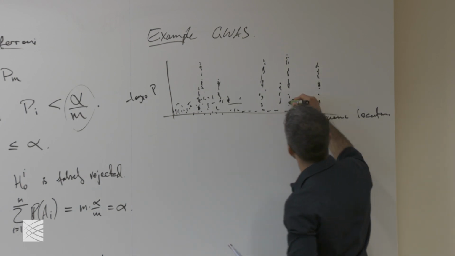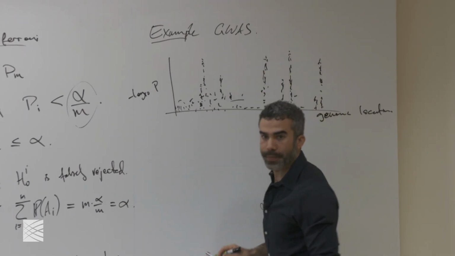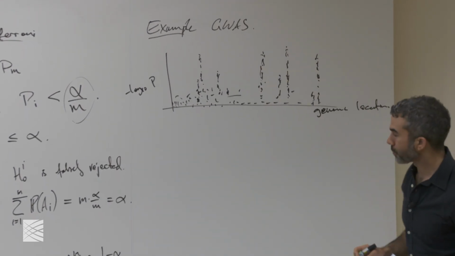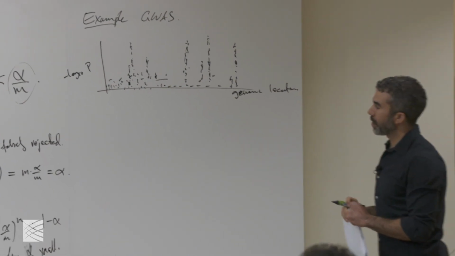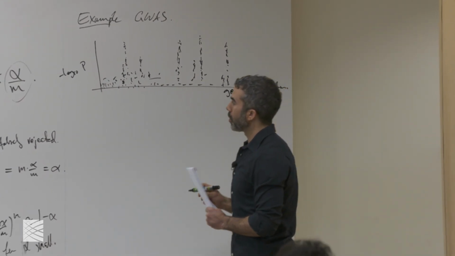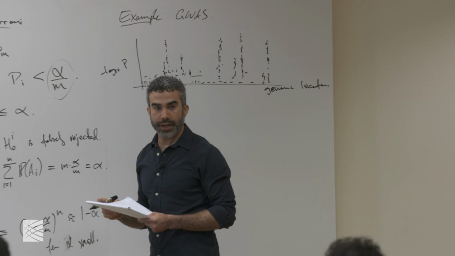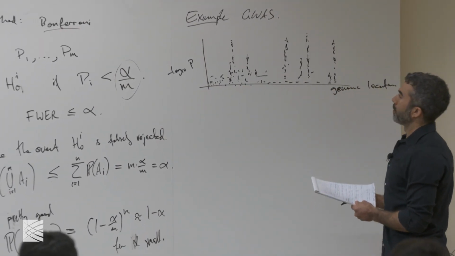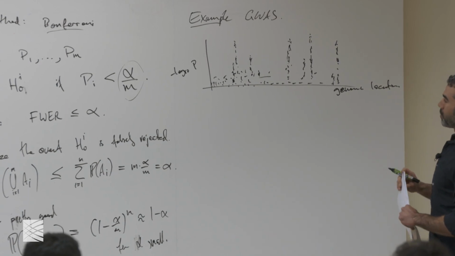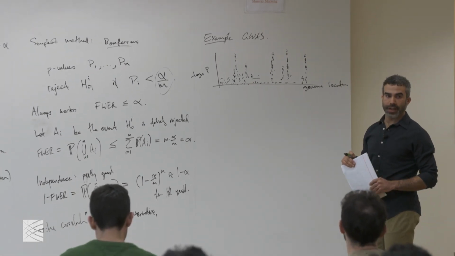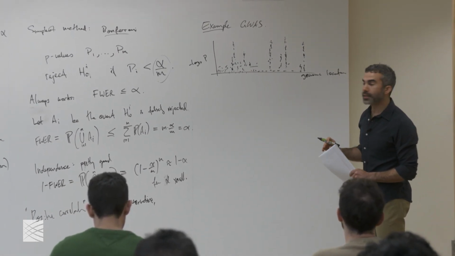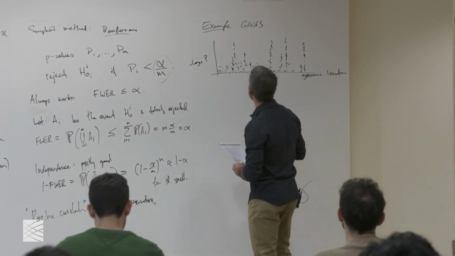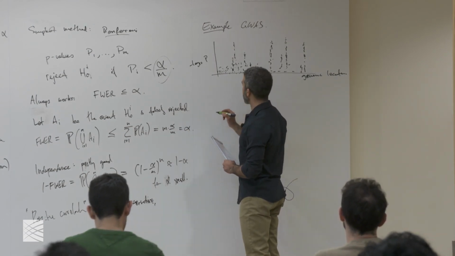And why is this? This is because genetic variants that are nearby on the genome are correlated. It's called linkage disequilibrium. It's a result of the way human genetic material is passed on from one generation to the next, recombination. So you get these local correlations along each chromosome.